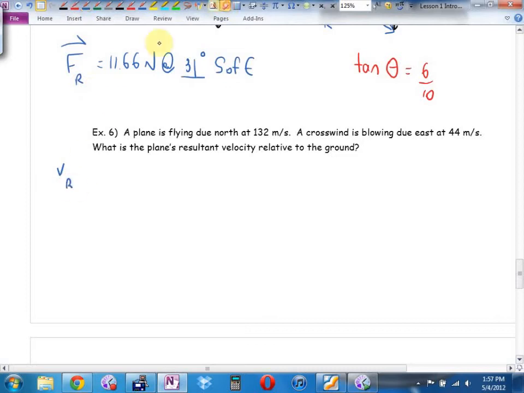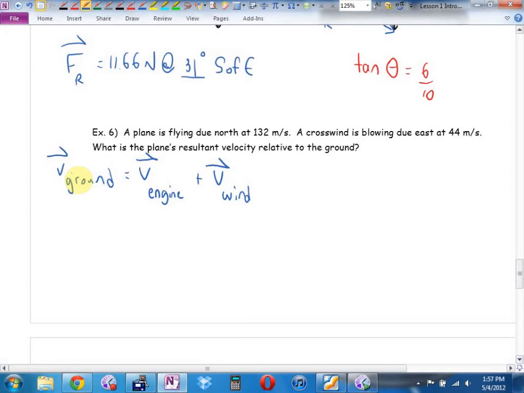The velocity on the ground is going to be the velocity of the engines combined with the velocity of the wind. Say what?